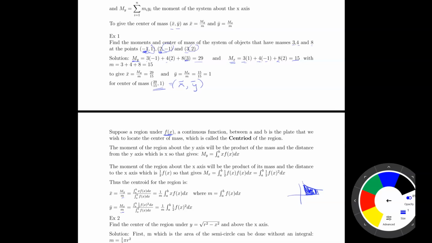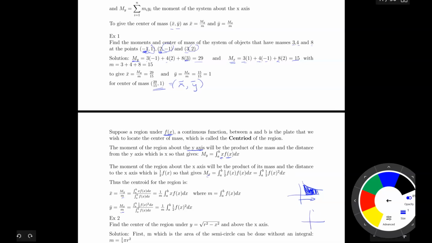All right, so the moment of the region about the y-axis will be the distance from the y-axis, which is an x value, times the area under the curve. The moment about the x-axis is going to be halfway up.